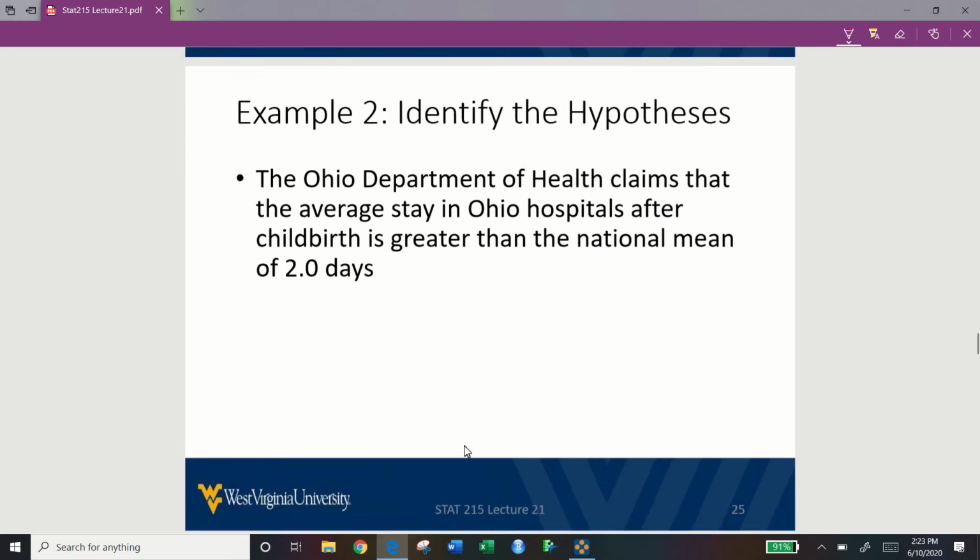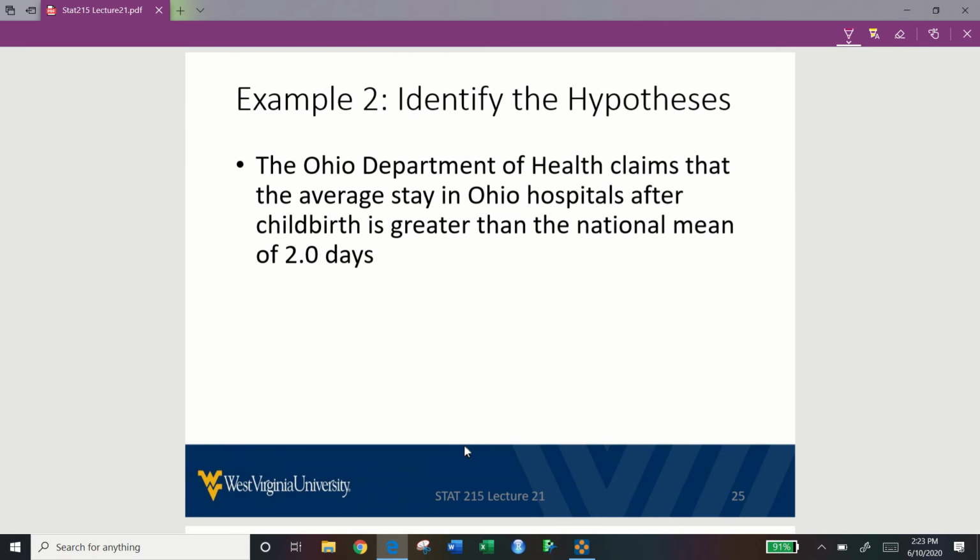Let's take a look at a second one. The Ohio Department of Health claims the average stay in Ohio hospitals after giving birth is greater than the national mean of 2.0 days. Once again, we are talking about means and averages, so our parameter of interest is going to be mu for both our null and our alternative hypothesis.